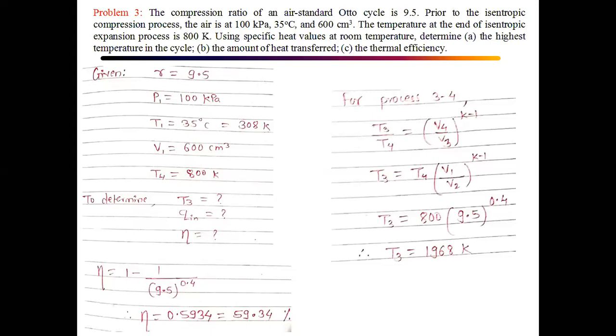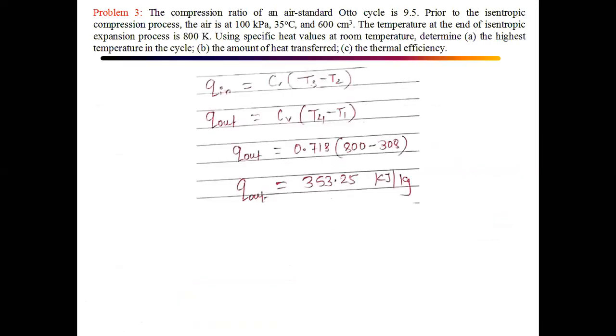So you will get the value of T3 with this relation. Just put this value of T3 in the final equation of Q in, that is Cv into T3 minus T2. So you will get the value of Q in. And if you want to calculate the value of Q out, it is Cv into T4 minus T1.